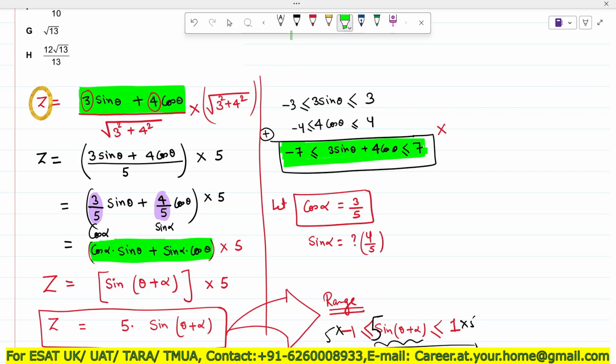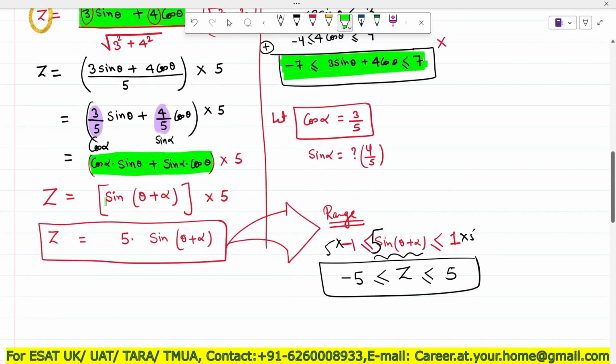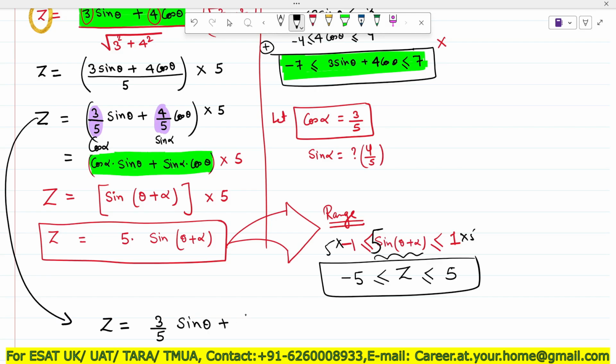Now, we can convert in another way also. See, it's our assumption, now from here I am taking the other route. I have z equals 3 over 5 sine theta plus 4 over 5 cos theta, times 5.